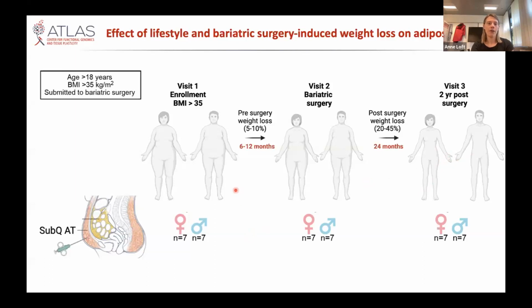So we have the more short-term moderate weight loss that all of the participants accomplished within a period of 6 to 12 months. And then we have this longer-term bariatric surgery-induced weight loss.